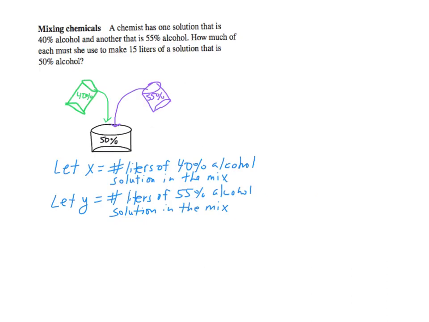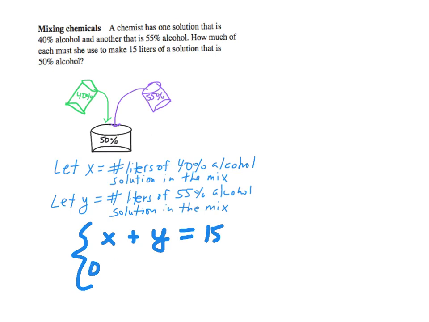So my system of equations is going to be, first of all, just about the mixture equaling 15 liters. I have some number of liters of the 40% alcohol plus another number of liters of the 55% alcohol solution, and that totals 15 liters. Now the second equation is about the content of alcohol within each.